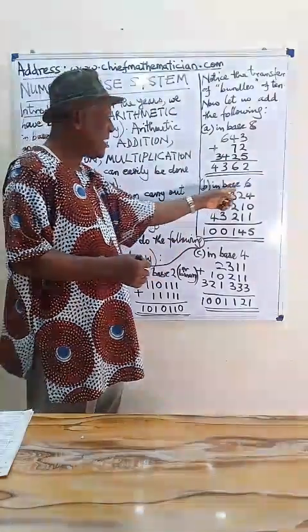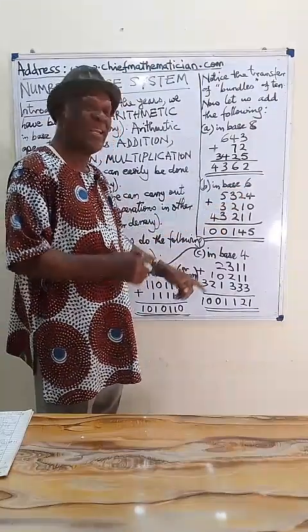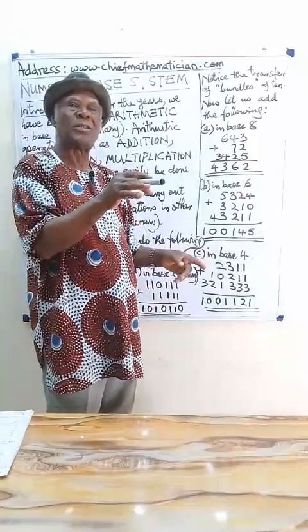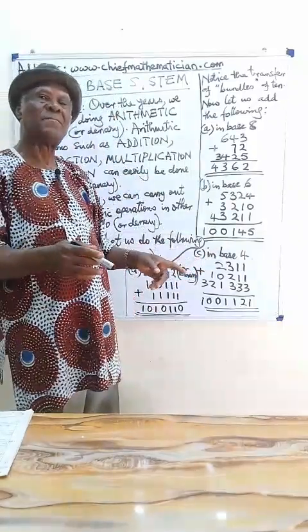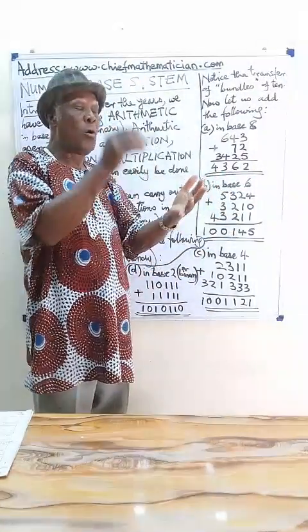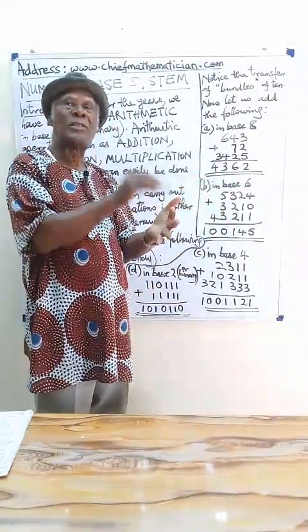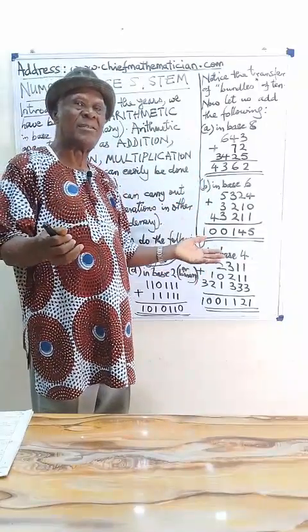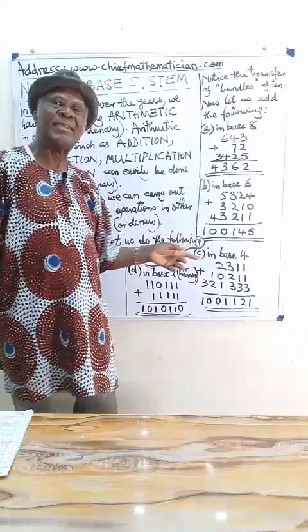You go to base 6. Any number in base 6 cannot contain any digit that is equal to 6 or above 6. In base 6, you can get 0, 1, 2, 3, 4, 5. You cannot get 6, 7, 8, or 9.